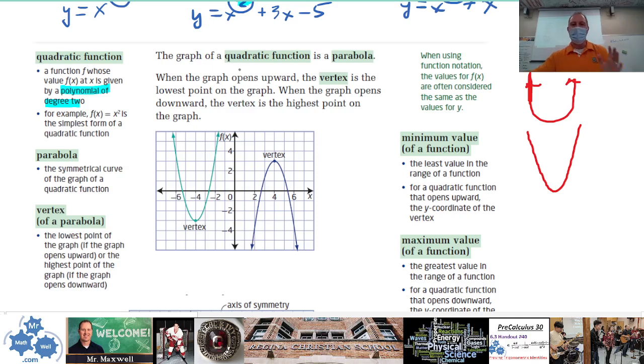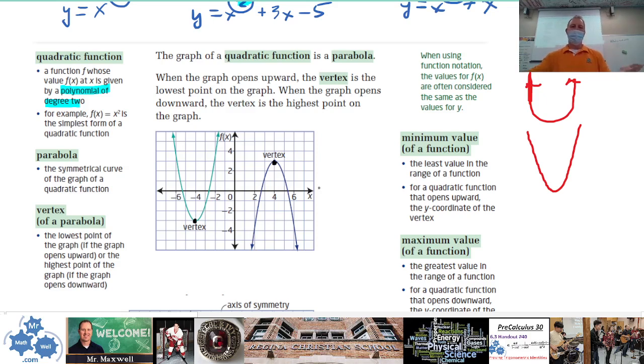Okay, the graph of a quadratic function is a parabola. Where is the vertex? It is either the lowest point or the highest point on the parabola. Okay, vertex. It's the lowest point on a parabola that opens up like a cup. It is the highest point on a parabola that opens down like a frown.